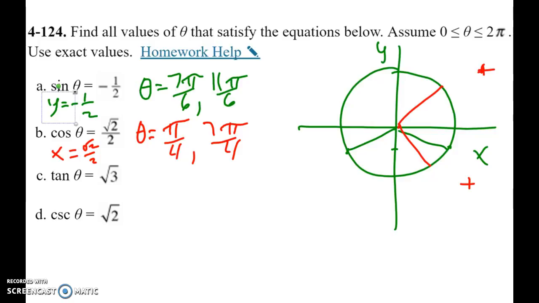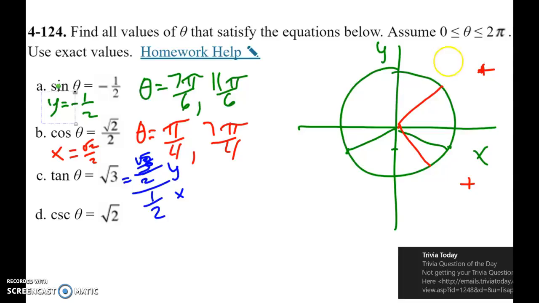Alright, the next one, where is tangent equal to the square root of 3? So my favorite way to look at this is that the square root of 3 probably came from square root of 3 over 2 divided by 1/2, because that simplifies to the square root of 3. So I'm looking for where y is square root of 3 over 2, and x is 1/2. And also these are positive, so in which quadrants is tangent positive?